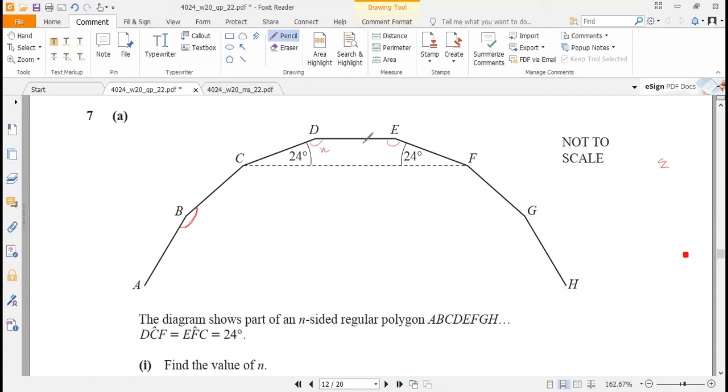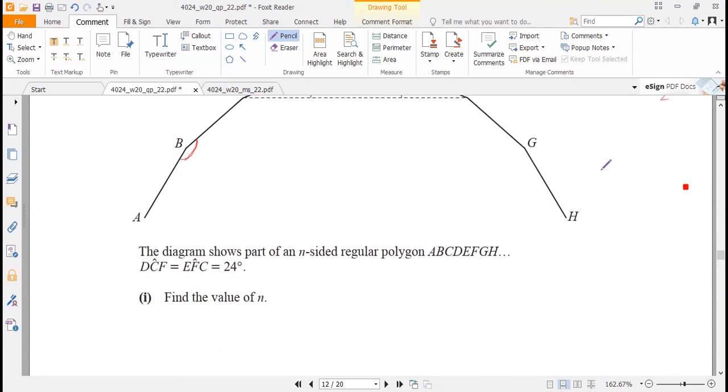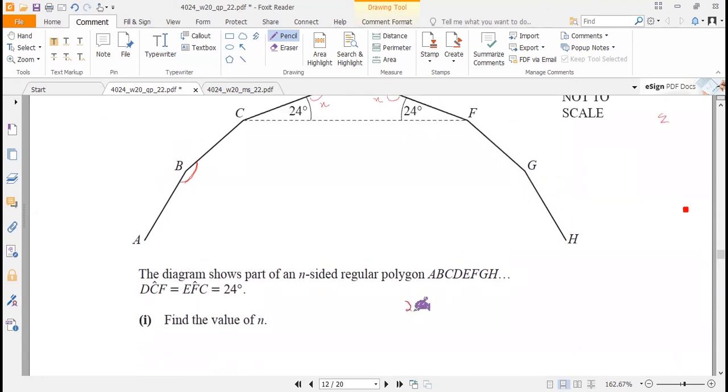If we suppose these angles as x, so we can say that 24 plus 24 plus x plus x will be equal to 360. 24, 24, if you subtract it from 360, it will become 312, and x plus x will be 2x. And 312 divided by 2 will be equal to 156. So the value of x is equal to 156.